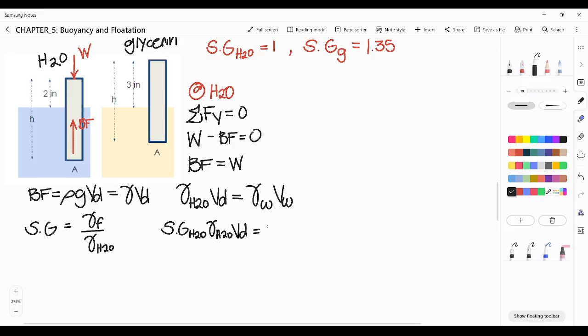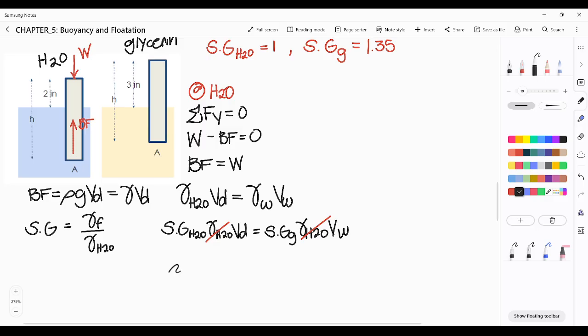And then we have the specific gravity of glycerine and then the gamma of H2O times the volume of the wooden block. From here, our specific weight of water will cancel out.